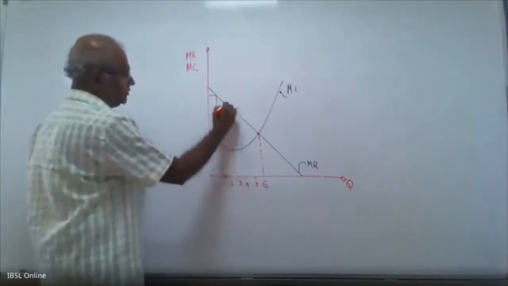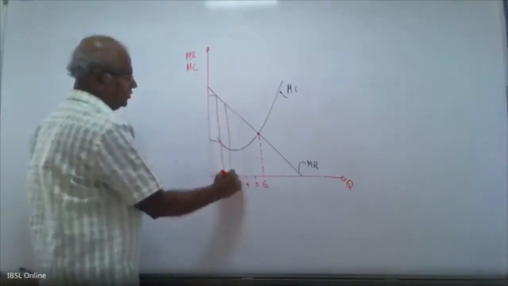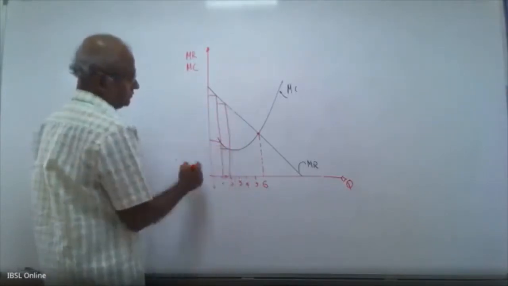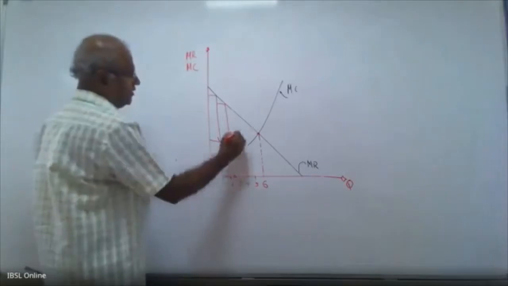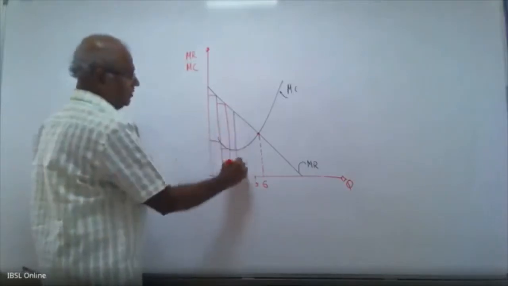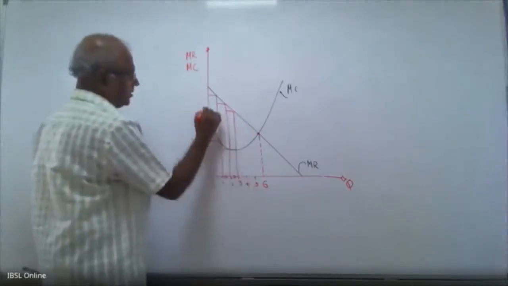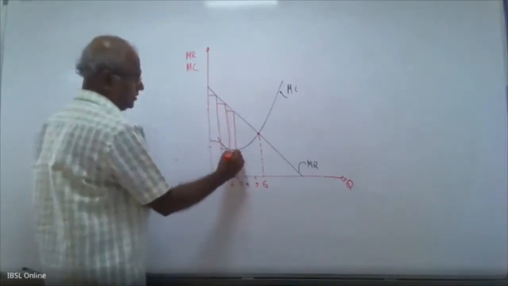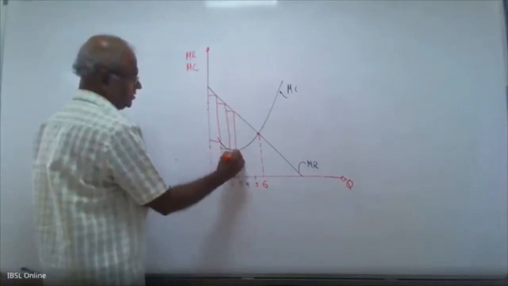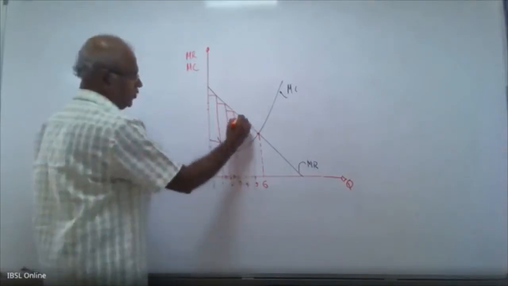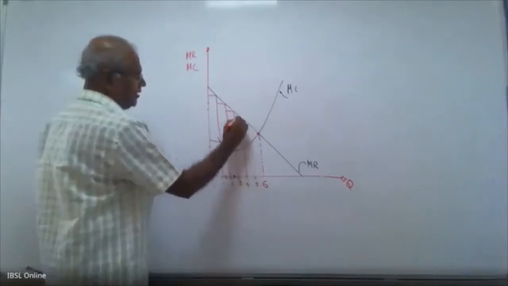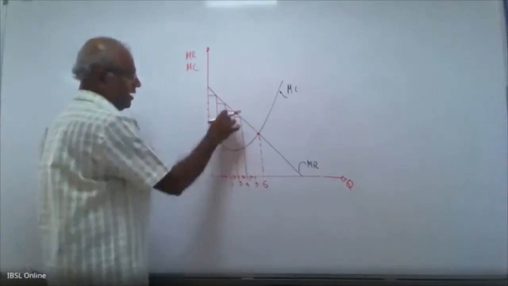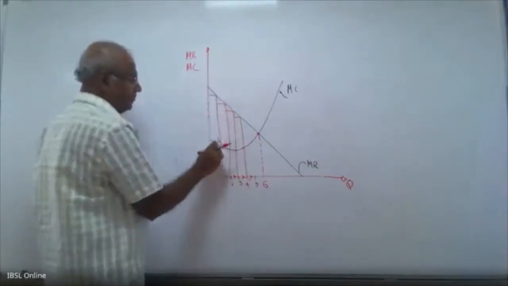Output level 2, marginal revenue this, marginal cost this. Increase the output. Output level 3, same. Output level 4, marginal revenue this, marginal cost is lower than that. As long as MR is greater than MC, you increase the output.